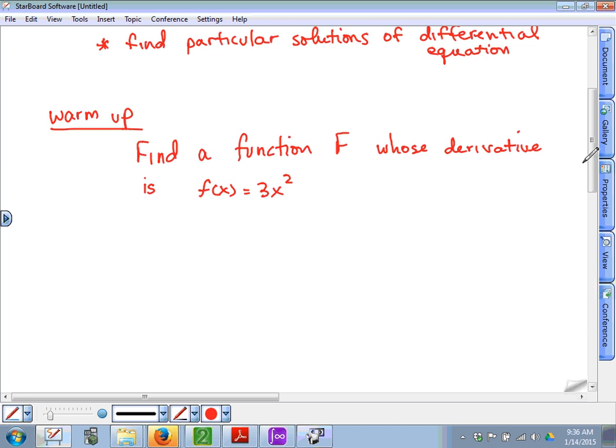When I first asked this question, what was your first thought? X to the third. Probably everybody's first thought for capital F. So let's do capital F of x. But once I said everybody had to have a different answer, what is that?